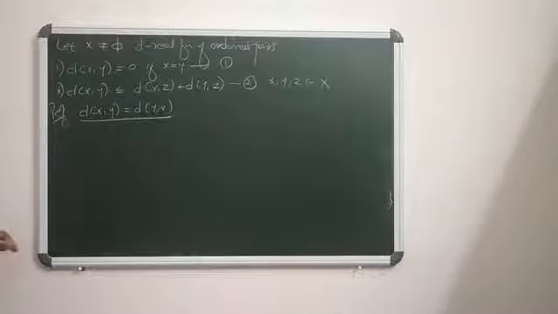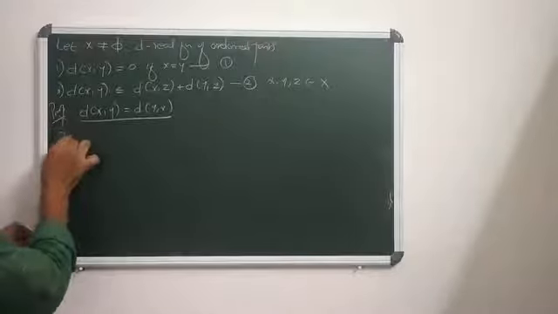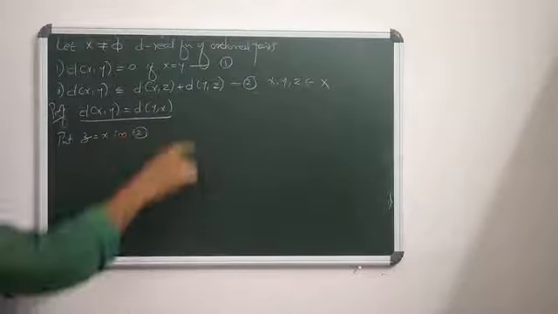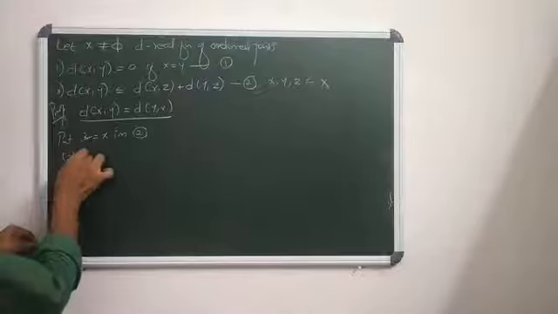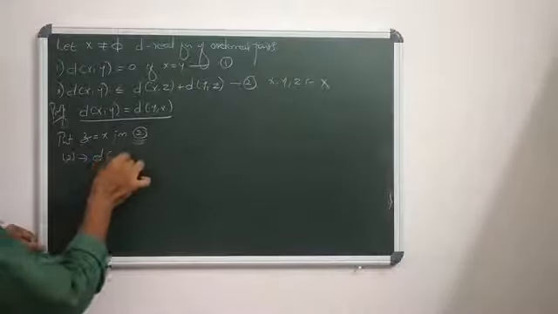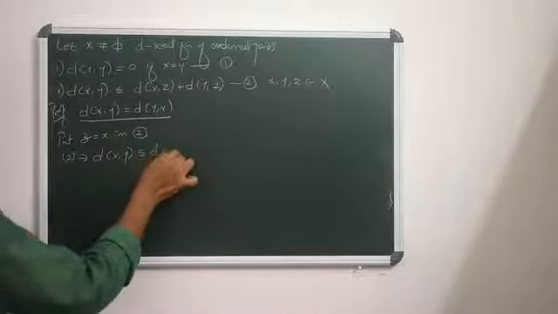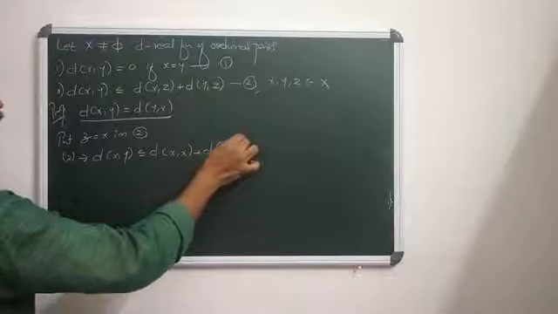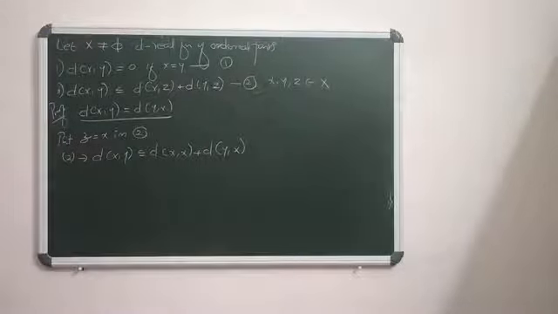So put z equals x in equation 2. Z equals x. What do you get? Equation 2 becomes dxy less than or equal to dxx plus dyx.